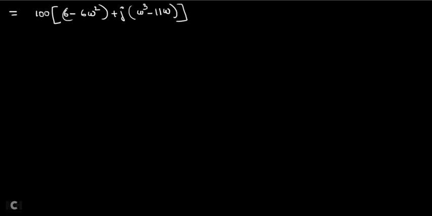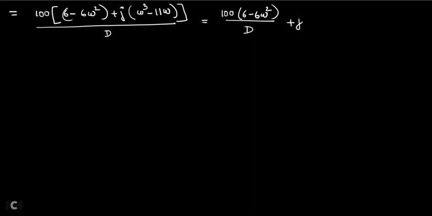The whole thing is multiplied by 100 and divided by D. Now you separate: you will get 100 into 6 minus 6 omega square divided by D, and then plus j 100, here also 100 will come, omega cube minus 11 omega, divided by D. This is your real part and imaginary part.